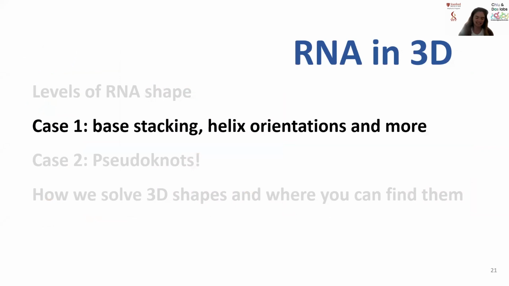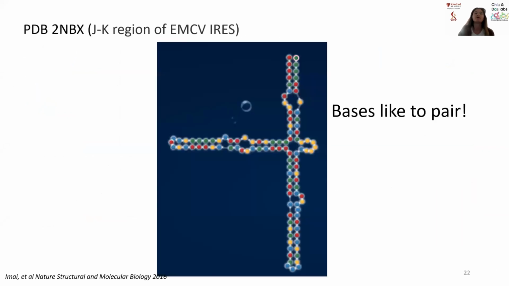So let's take that to case study 1, which is going to be PDB 2NBX, which is a viral RNA. This part of the RNA is very important for translation. Without it, the virus doesn't make its viral proteins as well.